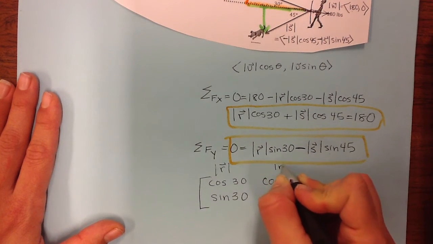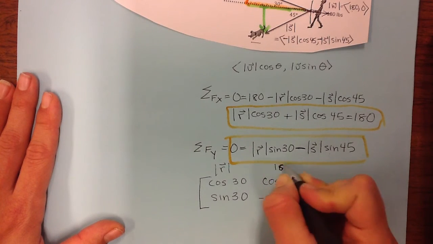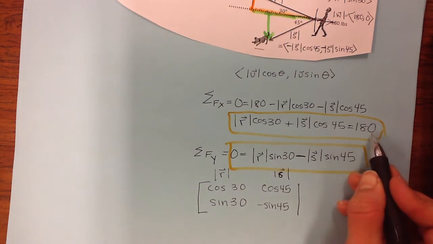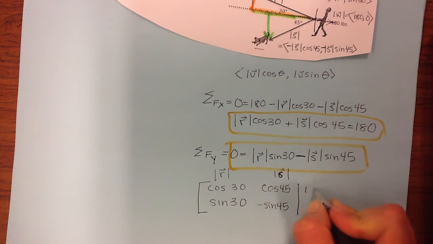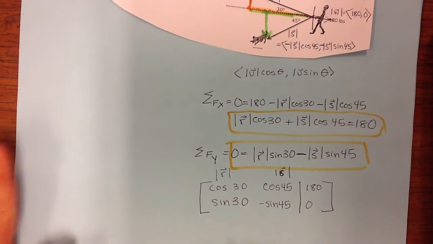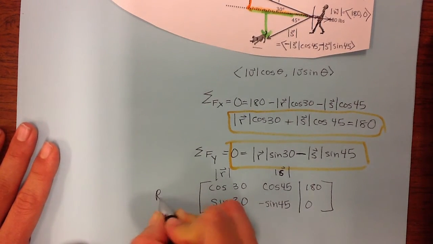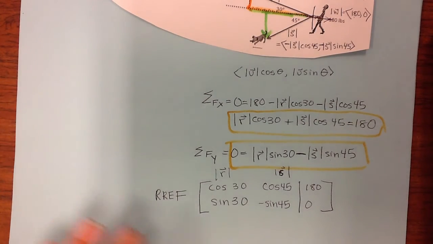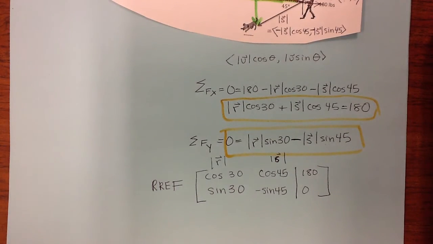This column refers to vector S, or magnitude of S, and then our constants, 180 and 0. If I plug this into my calculator, I am going to need to use my calculator to do reduced row echelon form. This is only one option for solving a system of equations. You could have solved this algebraically, especially because you should know what the cosine of 30, sine of 30, cosine of 45, and the sine of 45 are.